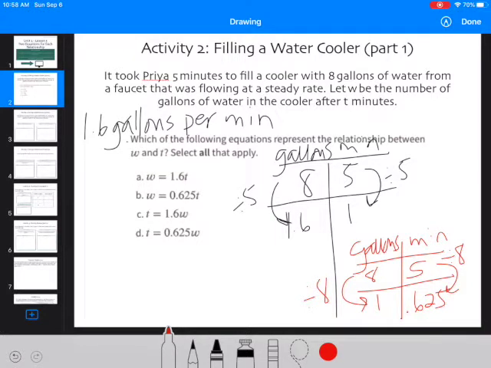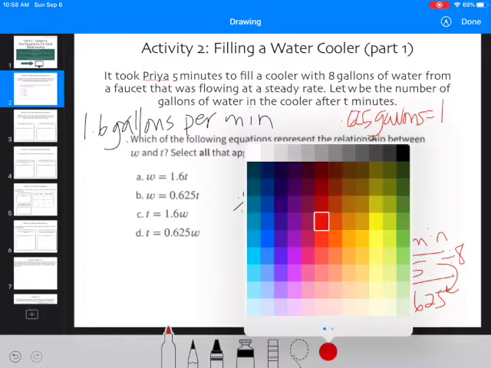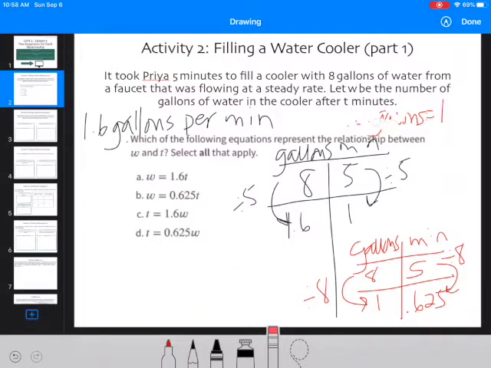So 0.625 of a minute is equal to 1 gallon.